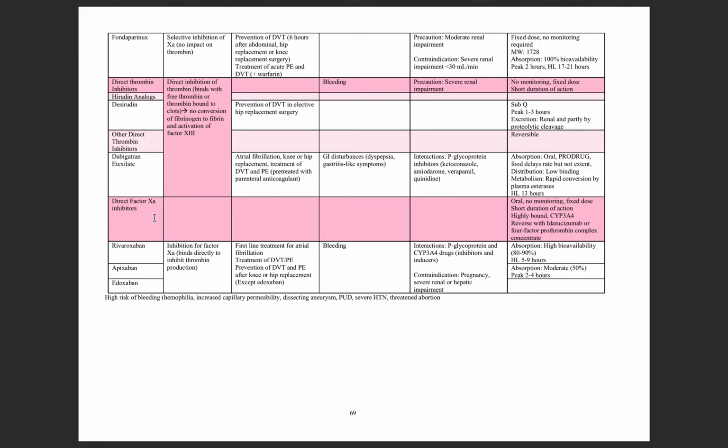Uses are the same, bleeding is the same, but this is a P-glycoprotein and CYP drug, so they may interact with several other drugs. Watch out for that renal and hepatic impairment and the high risk of bleeding, as we've had to look out for in every other anticoagulant. Now, I want you to know that these are now reversible with a monoclonal antibody.